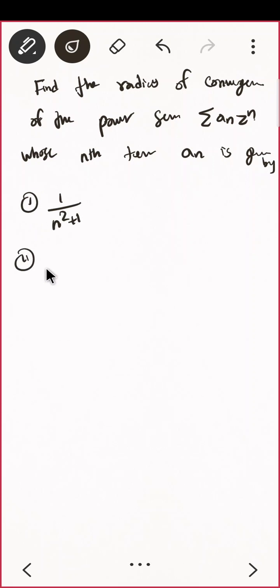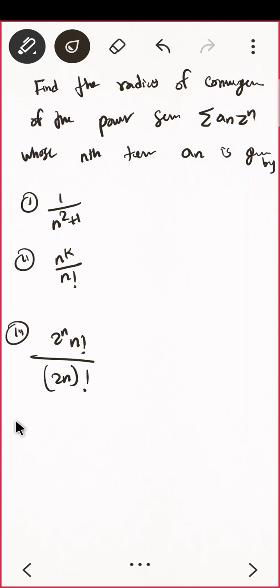Second, n raised to k upon n factorial. Third, 2 raised to n factorial upon 2n factorial. And fourth, you can take 1 upon n raised to p for p greater than 0.